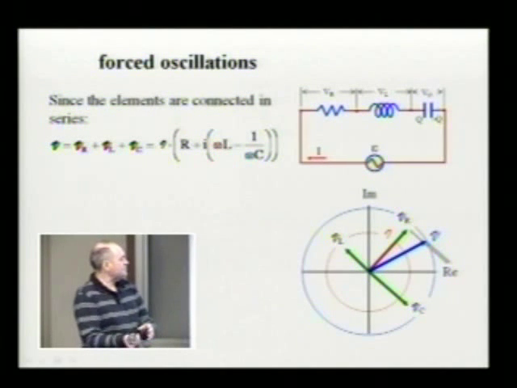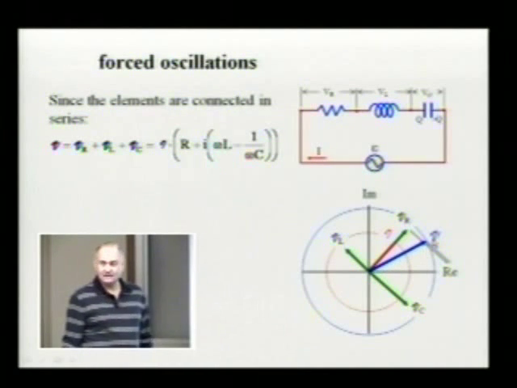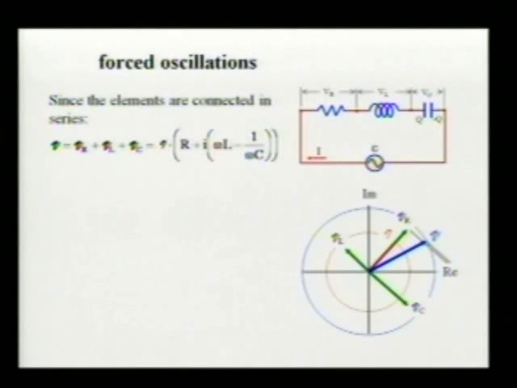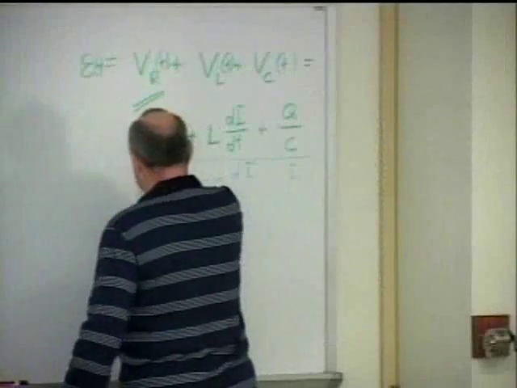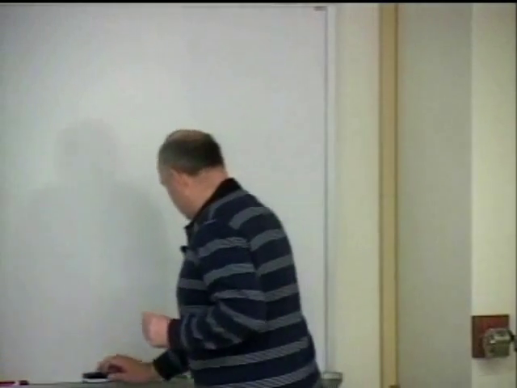All right, so the length of the phasor representing current is Im. So how long is the phasor representing the voltage? Well, let's start with the voltage across the resistor.